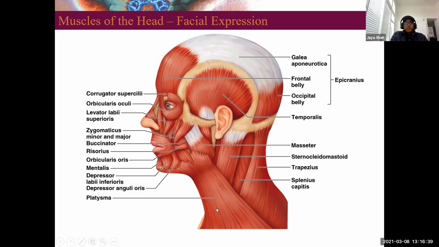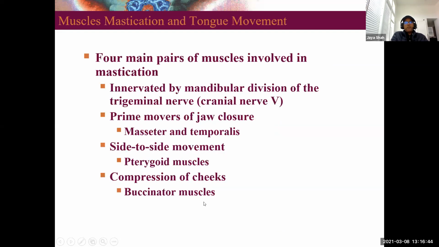So this is the platysma here. There are 4 main pairs of muscles involved in mastication. So what are the muscles of mastication? They are the prime movers of jaw closure, and they all are innervated by the 5th cranial nerve. Jaw closure is by masseter and temporalis, and side-to-side movement is by the pterygoid muscles.